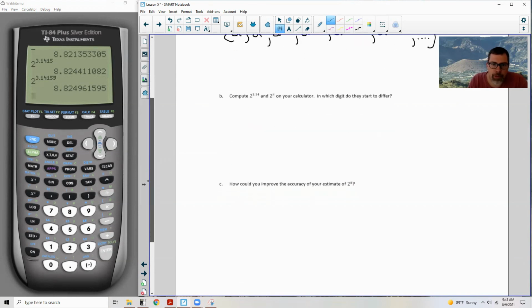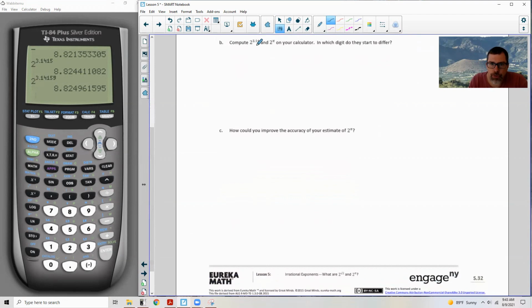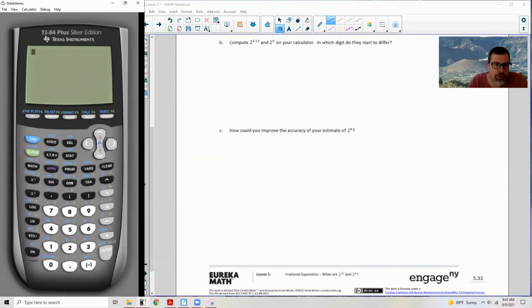All right, part B, compute 2 to the 3.14 and 2 to the pi on your calculator. So 2 to the power of 3.14, enter, and 2 to the power of second, pi's right here. It's the blue command, so you hit second and this caret symbol. We'll put pi there and hit enter.